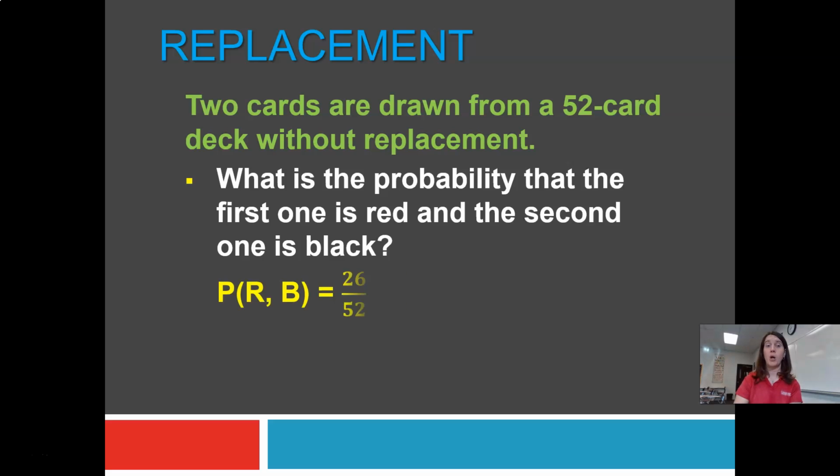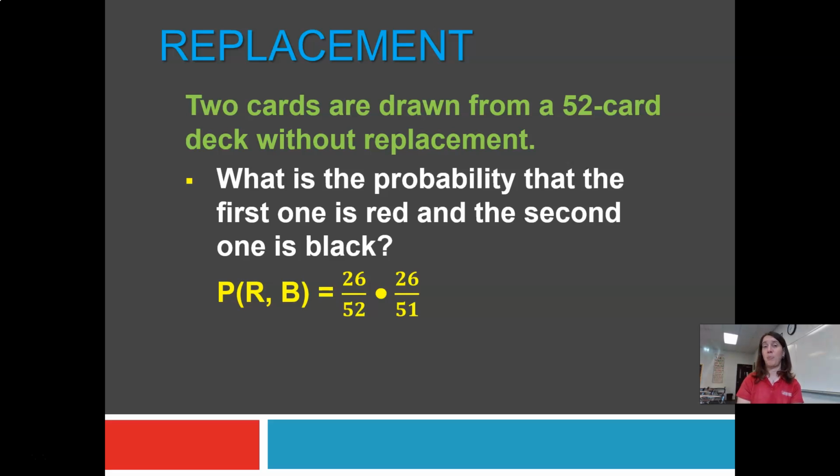Well, what probability are we looking at? I want red the first time, then I want black. So the probability that I get red on my first draw is 26 over 52. 26 of the cards were red out of the total of 52 cards that we have. Times, what's the second thing I want to happen? There's multiple things happening again, so we're multiplying in our question. Well, the second thing I want to happen is I want to select a black card.